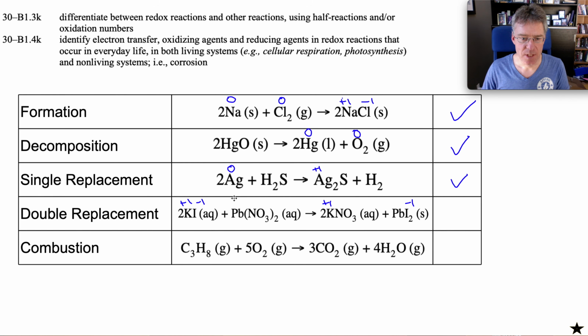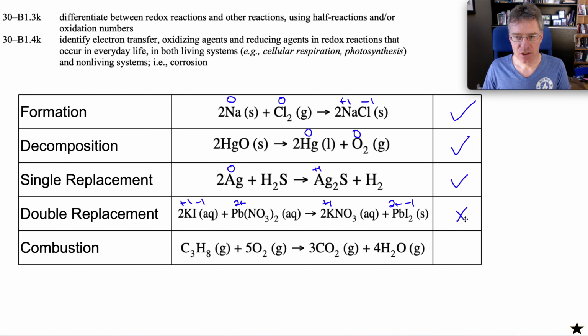Something like lead is multivalent, but the lead is with 2 nitrates, -1 each. So this is 2+ lead, and it's not going to change oxidation states. It's going to stay 2+, and that's why there are 2 iodides with it. So double replacements are never redox.